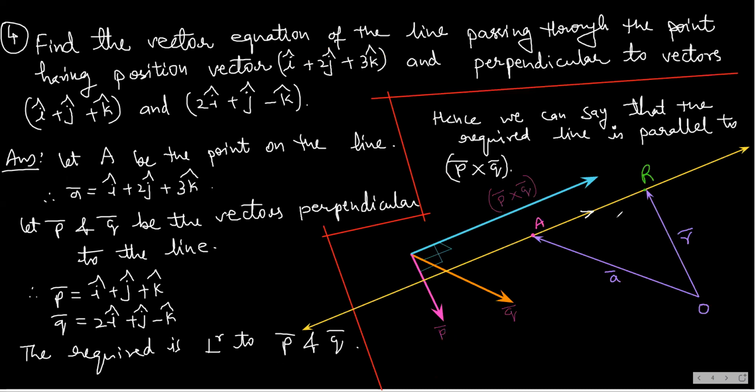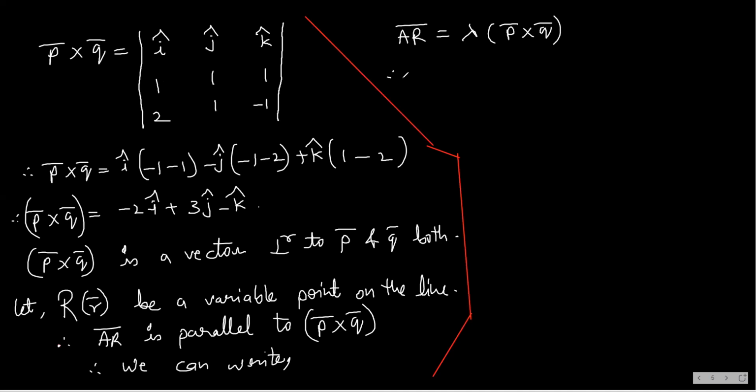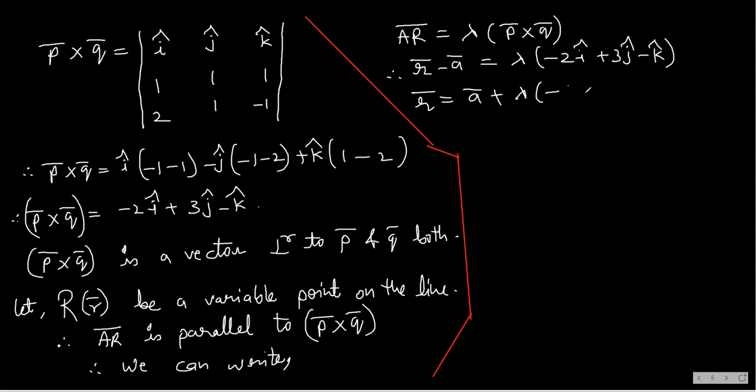When two vectors are parallel, one vector is a scalar multiple of the other vector. Therefore, R bar minus A bar equals lambda times P bar cross Q bar, which I have already found out, minus 2I cap plus 3J cap minus K cap. So R bar is equal to A bar plus lambda times (minus 2I cap plus 3J cap minus K cap).